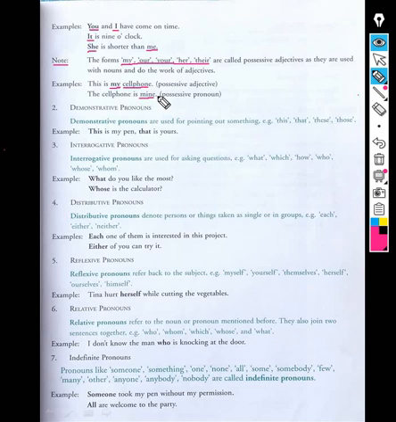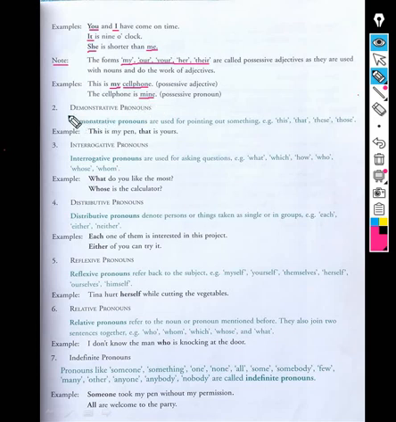If there is no noun after it, then it will be a possessive pronoun. Okay, if you have got the difference between possessive adjective and possessive pronoun: whenever we use a noun after the possessive case of a pronoun, then this pronoun is called a possessive adjective. But if there isn't any noun after it, then it will be a possessive pronoun.